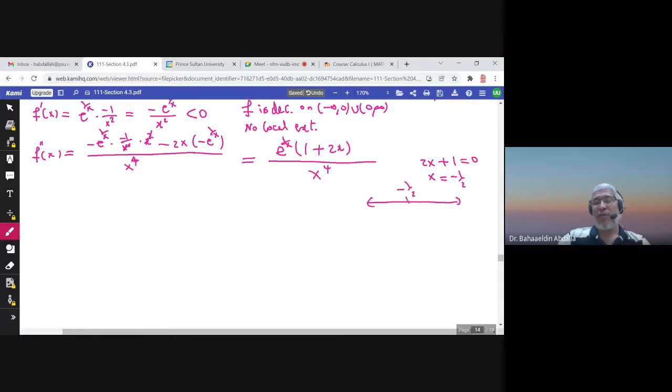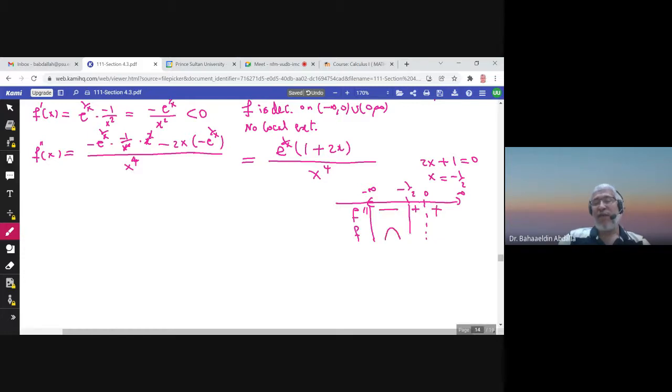So negative half, and this is 0. Around negative half, f double prime will change its sign. If I choose a number greater than negative half, 1 for example, f double prime would be positive. So it's positive here, and negative here.